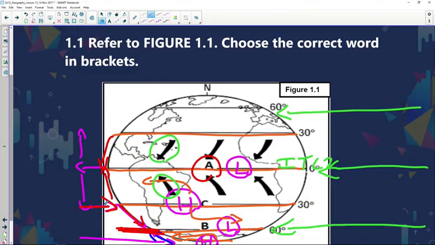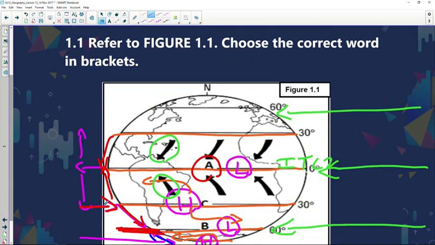So unfortunately we can't have any cloud formation when there's strong subsidence. The equatorial regions are tropical, with a lot of moisture, and nimbus means rain clouds. And as you can see, your highest rainfall areas are usually along your equatorial regions.